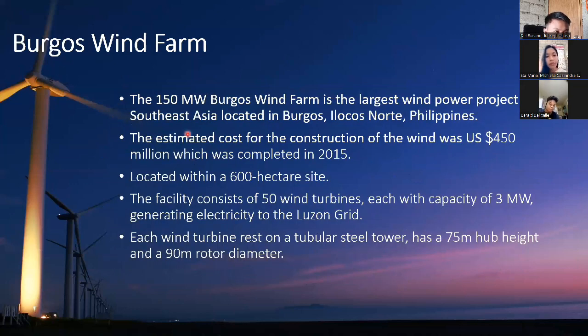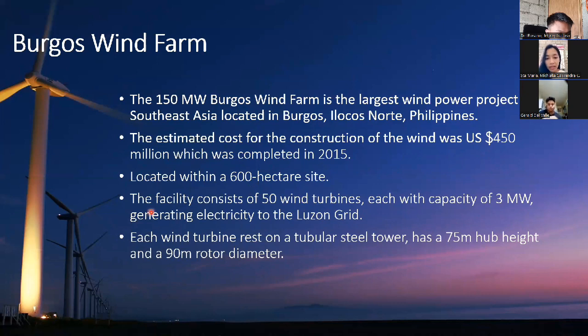Burgos Wind Farm. The 150 MW Burgos Wind Farm is the largest wind farm project in operation in Burgos, Ilocos Norte, Philippines. The estimated cost of construction of the wind farm was $450 million US dollars, which was completed in 2015, located within a 600 hectare site.